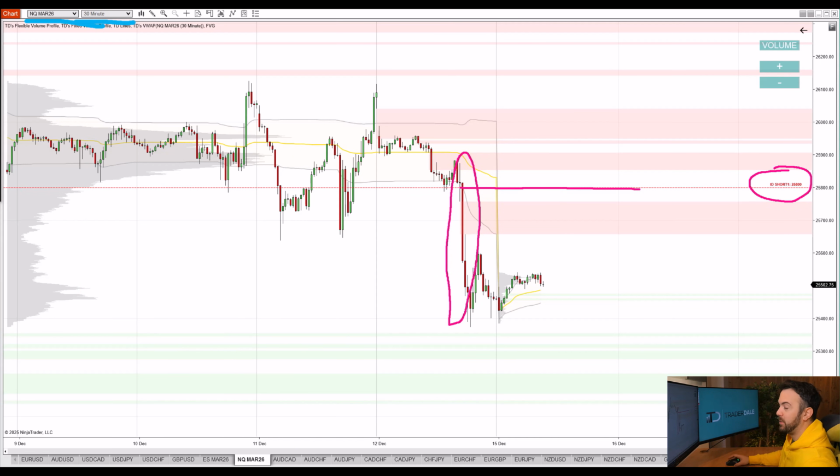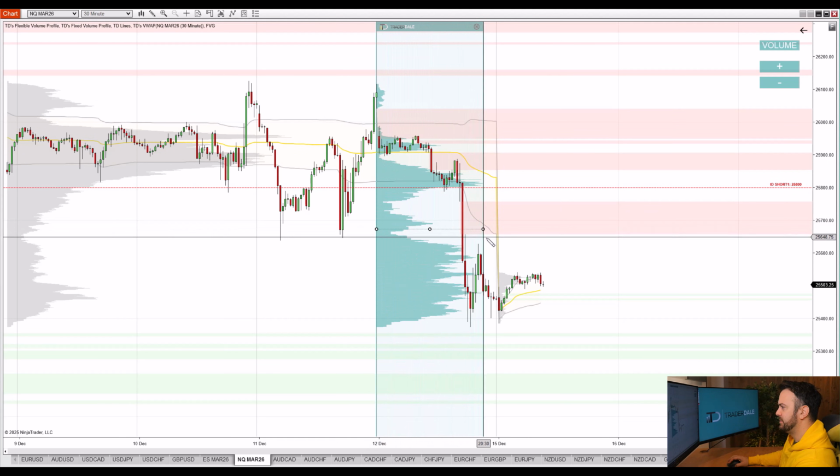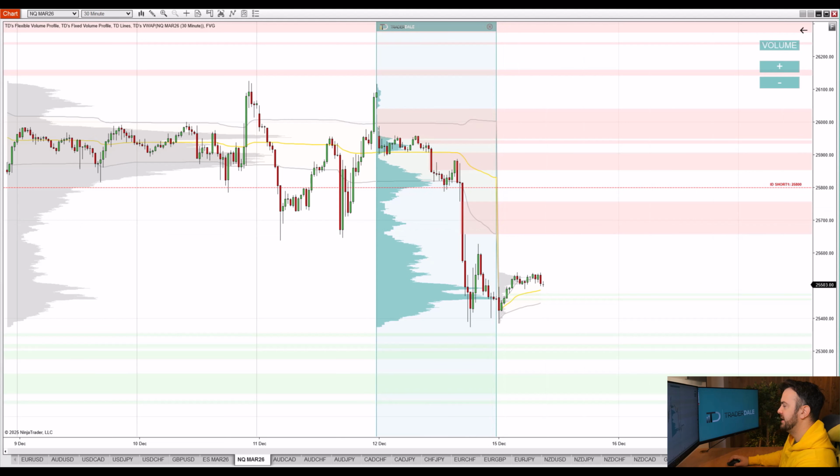Now it's not just about the sell-off, it's also about the volumes, and let me show you. If I show you how the volumes were distributed throughout the whole day, throughout the whole Friday, then it was like this. And as you can see, before this sell-off, there was this significant volume cluster formed here in this area.